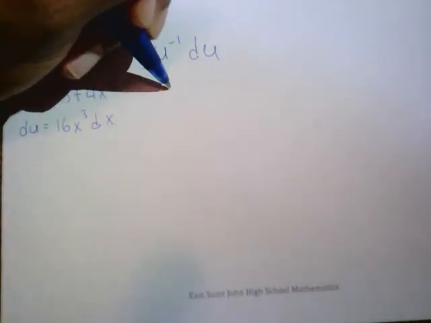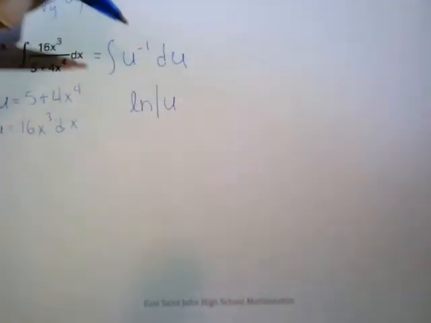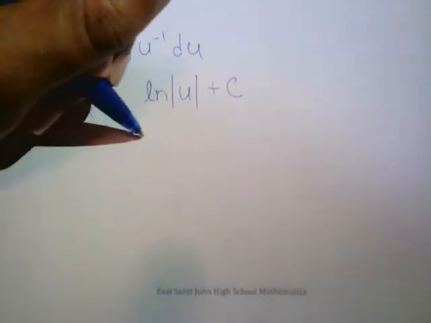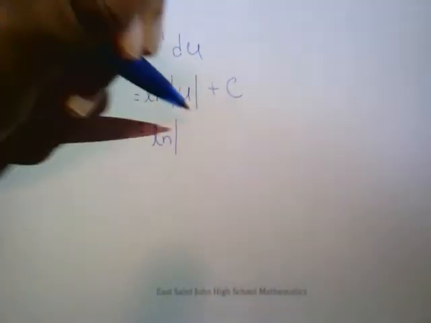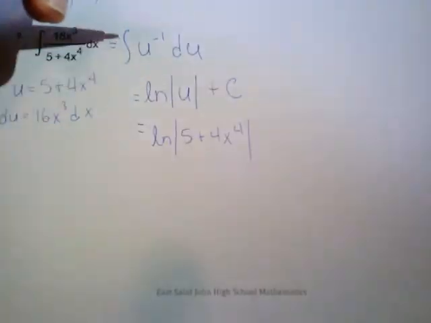This will be, since it's 1 over u, ln absolute value of u plus c, and we said u equals 5 plus 4x to the fourth plus c.